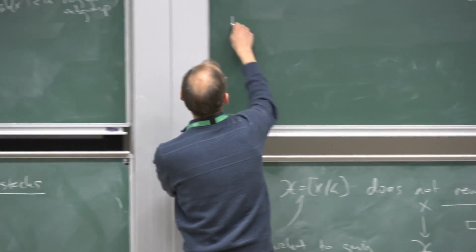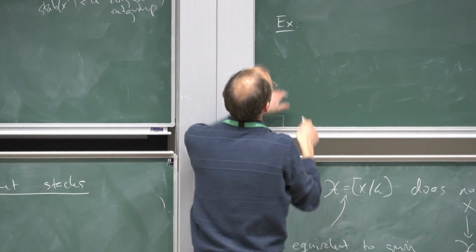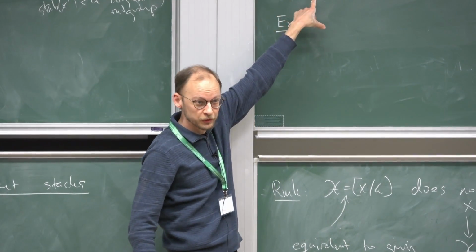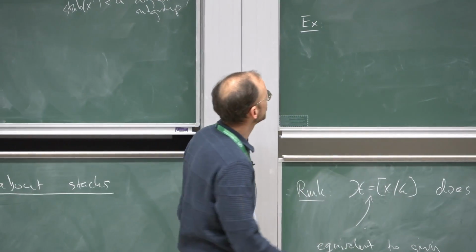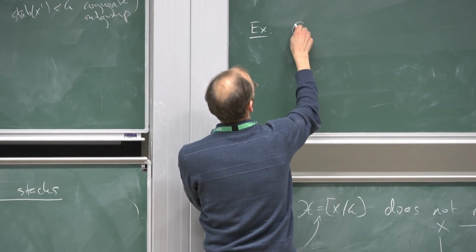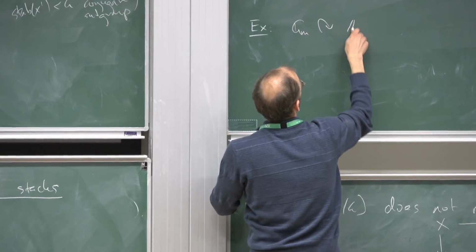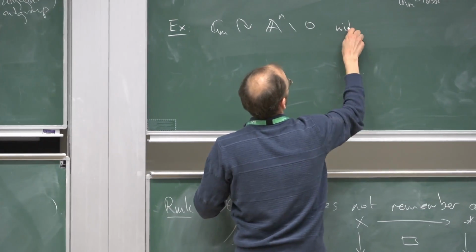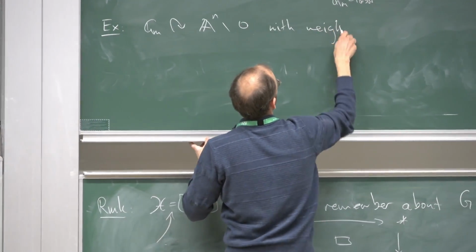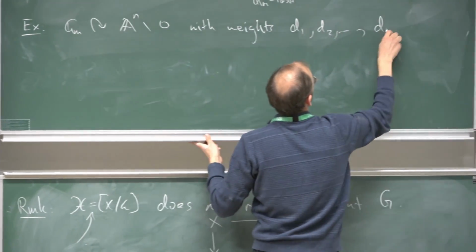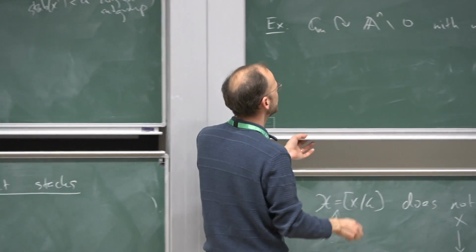So this was very stacky, and this was no stackiness at all, no automorphisms. But we could do weighted projective stacks. Let's say we have Gm acting with weights d1 to dn.